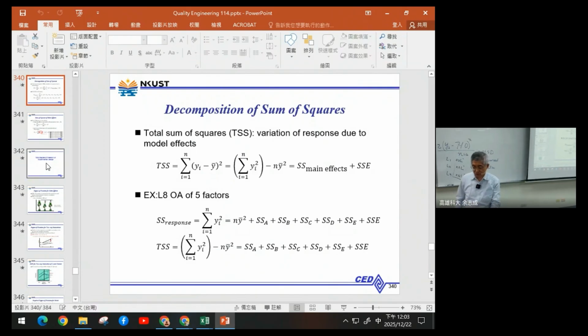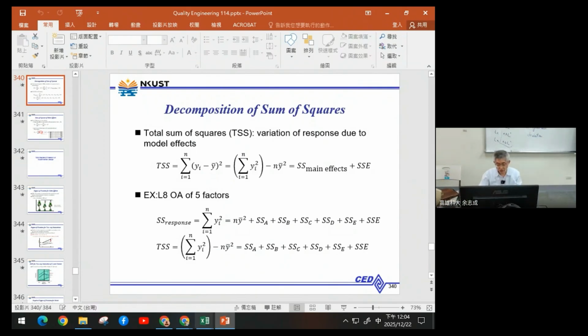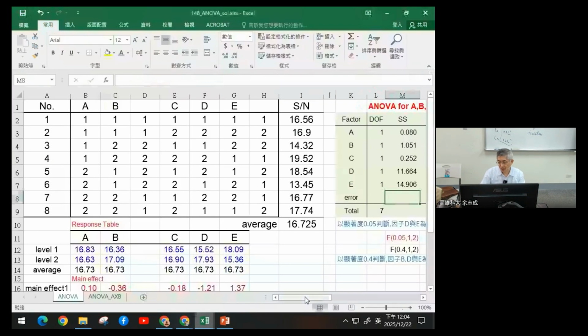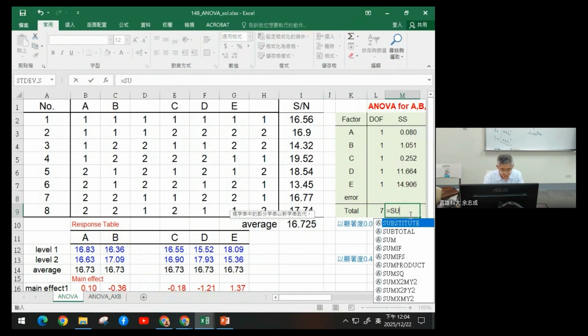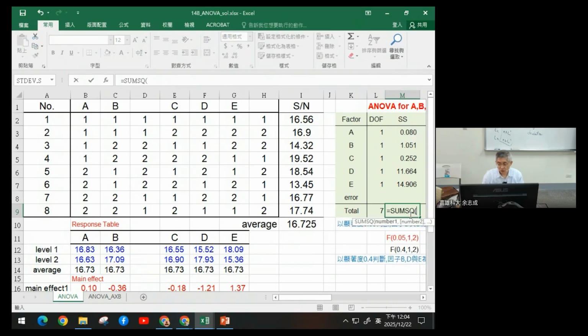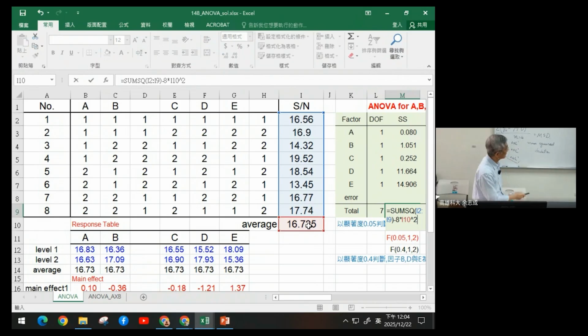Therefore, how to get the total sum square in the ANOVA table. Let's go back here. This one will be equal to the sum of square for all the outputs here, minus the number of experiments, 8, multiplied by the average square, the total average square.